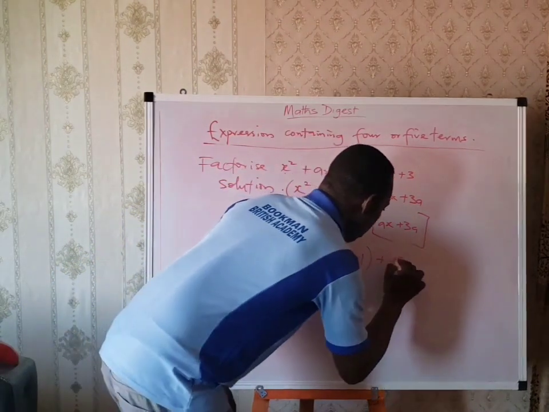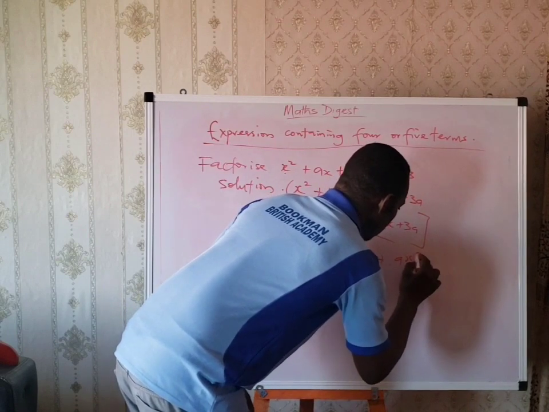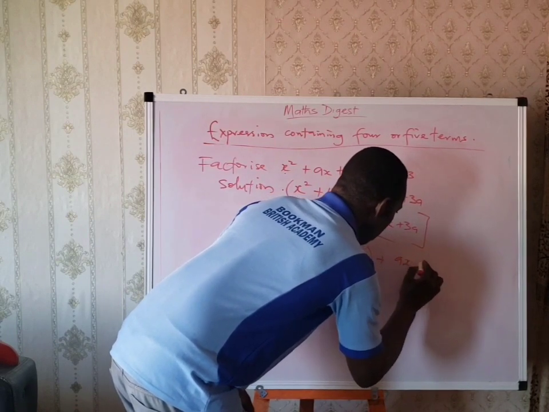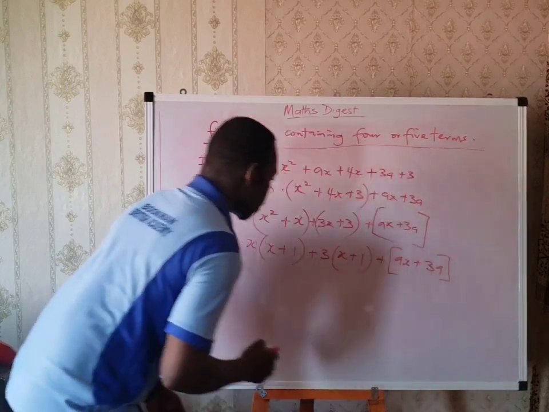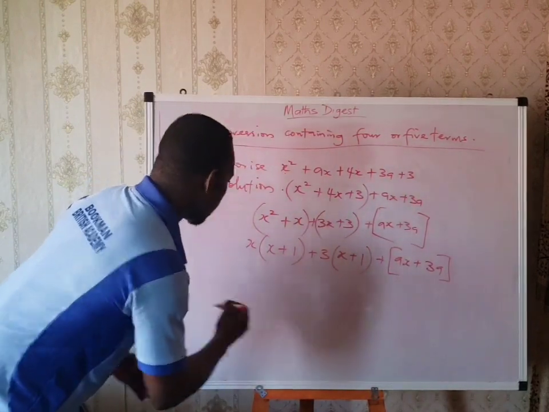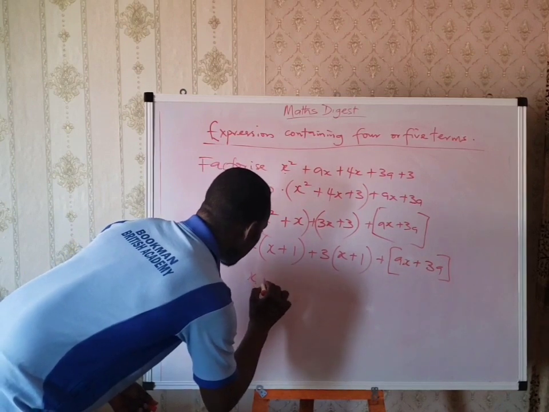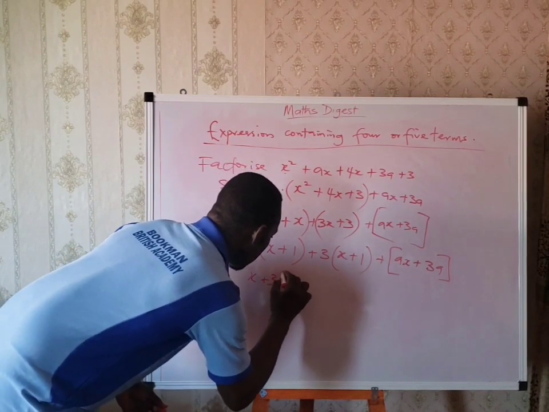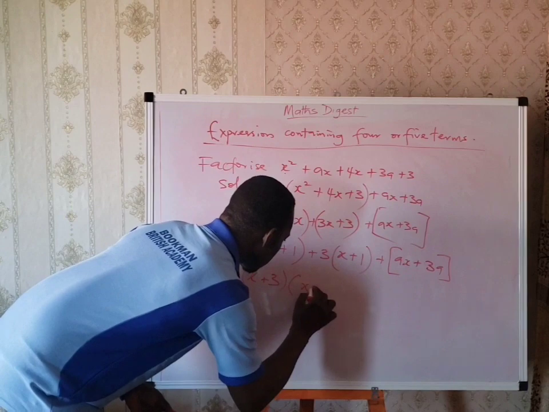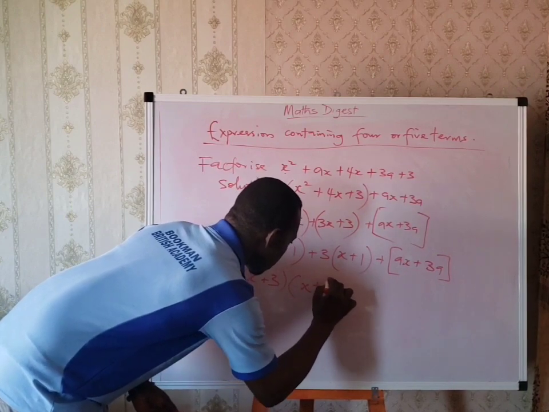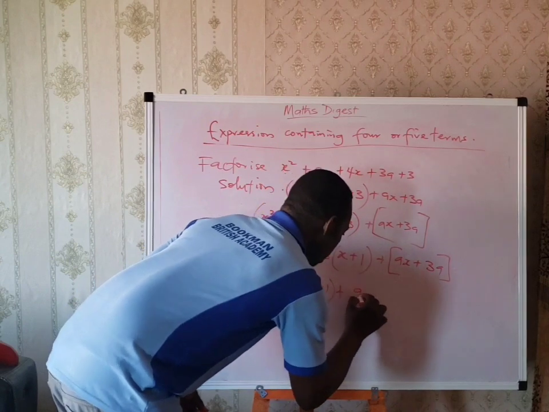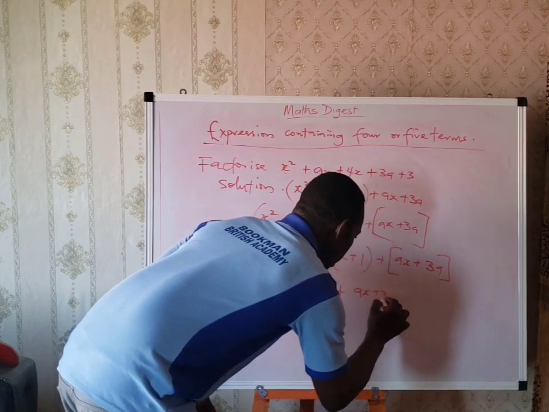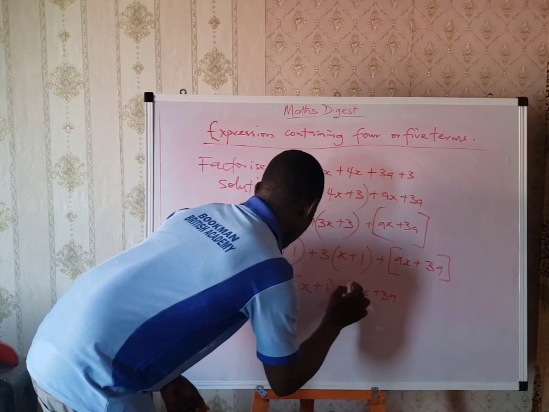Plus ax plus 3a. Now we have x plus 3 and then x plus 1, now plus ax plus 3a.